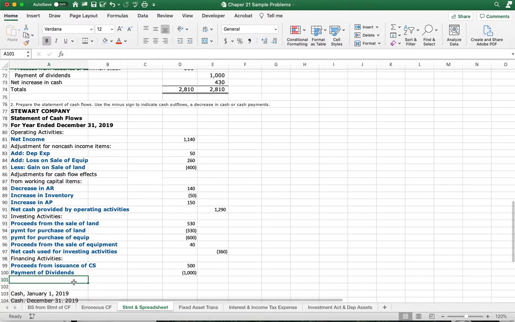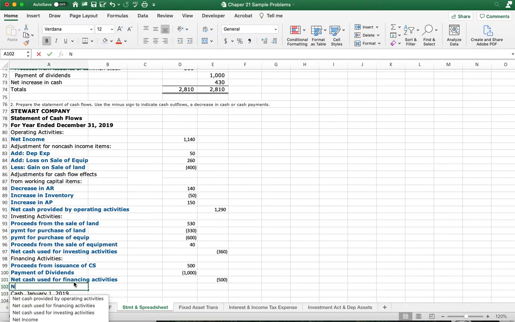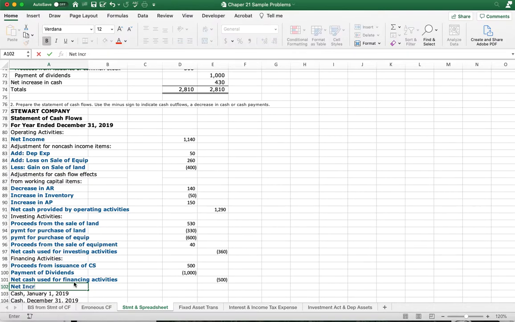So we're going to have net cash used for financing activities. And then our net increase in cash. And so we can say here equals the operating activities plus the investing plus the financing, and that should give us the same 430 that we determined in our worksheet, and it does.